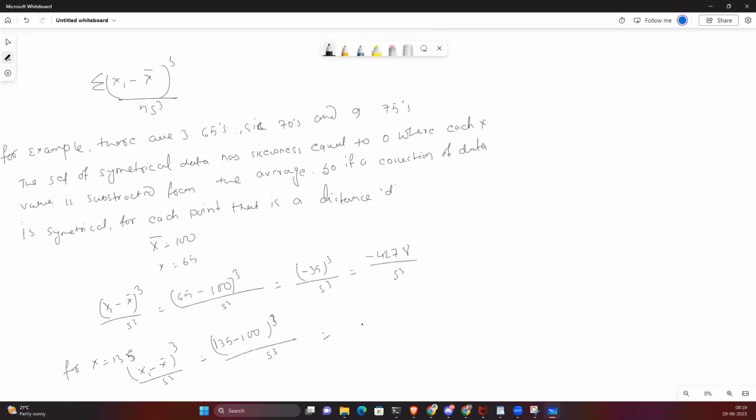This will be 35 cubed divided by s cubed, and if you calculate it, it will be 42,770.